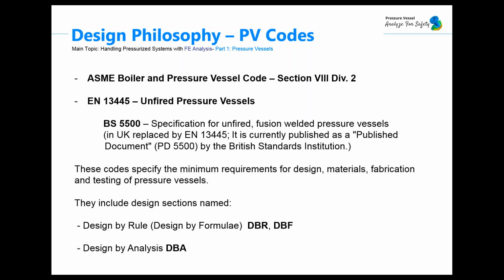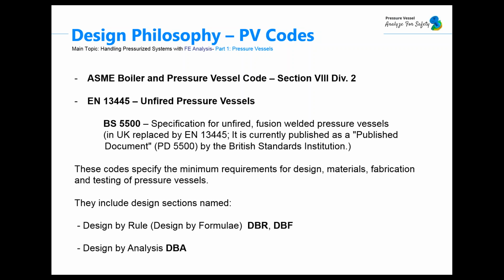The ASME Section 8 Division 2, for example, refers to the methods related to design, and the European code is EN 13445, for example. Both of them provide rules and minimum requirements for the design, materials, fabrication, and inspection of boilers and pressure vessels.